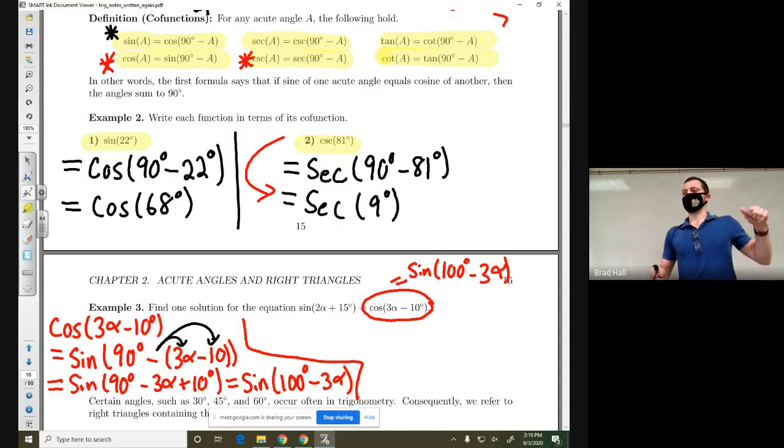And now we're going to go back to the statement of the problem and use the sine of 100 degrees minus 3 alpha, because now we have the same trig function on both sides, which is great.